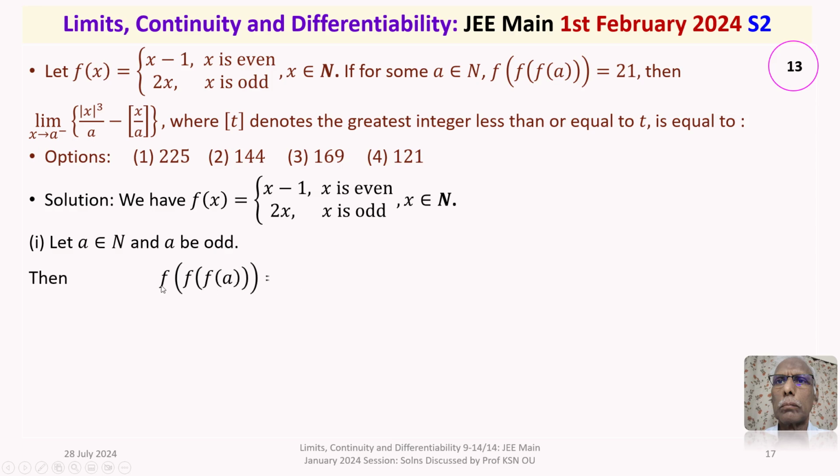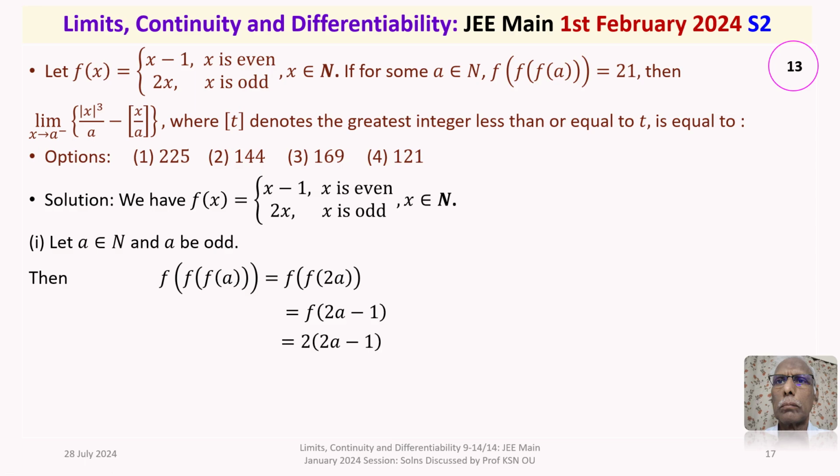Right. Then f of f of f of a. So the innermost f of a is 2a. So it is f of f of 2a. Now the innermost f of 2a. For any natural number a, 2a is an even natural number. So f of 2a will be, by definition, 2a minus 1. So f of 2a minus 1. And for any natural number a, 2a minus 1 is odd.